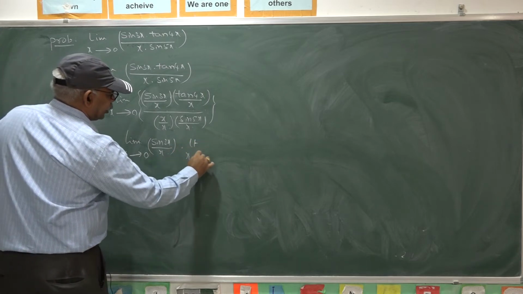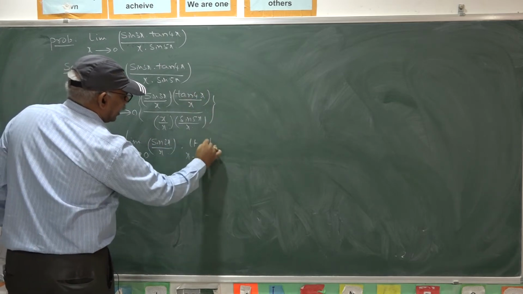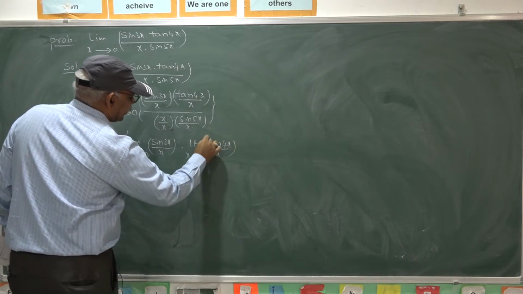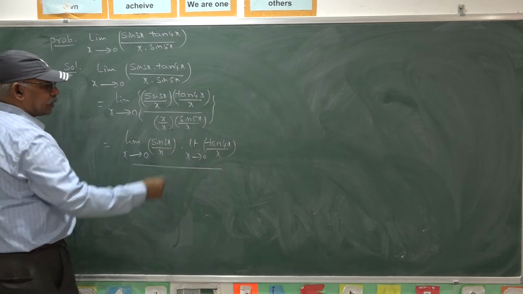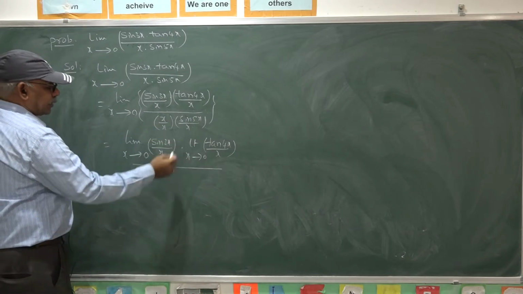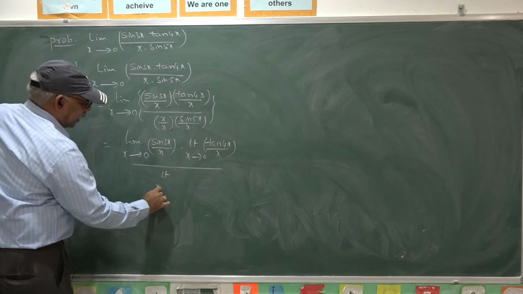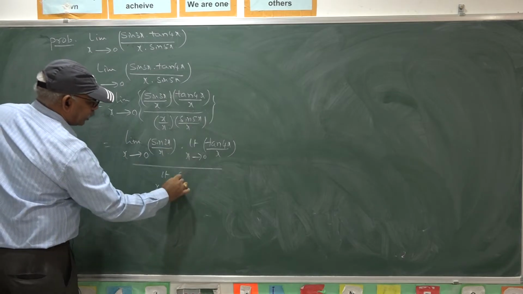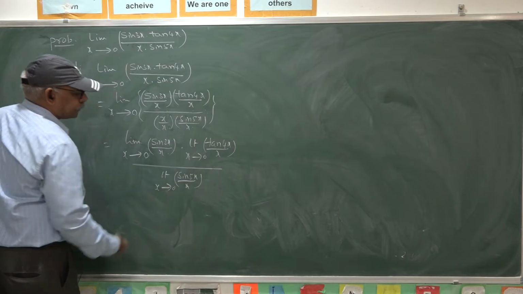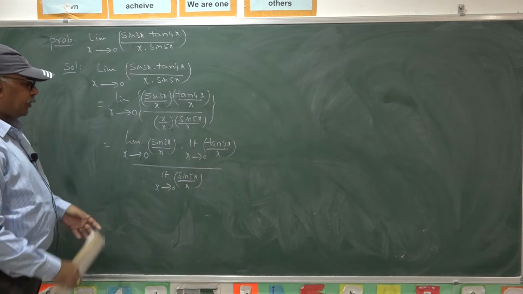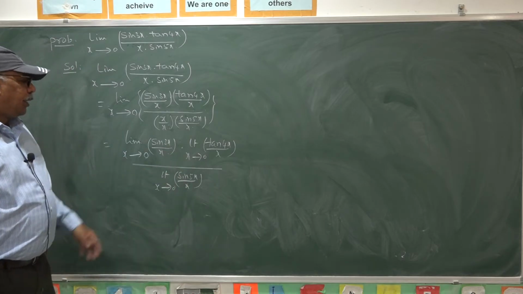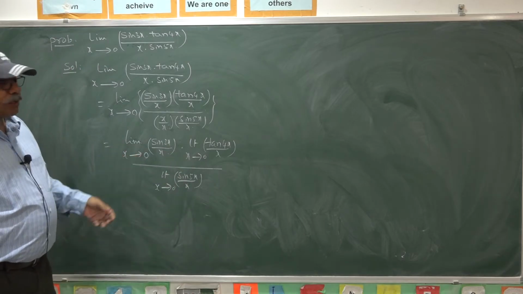Limit as x goes to 0, this is of the form tan ax by x, hence it also takes a finite value. x by x is clearly 1, and this also reduces to sin ax by x form. So each and every limit in the function exists and takes a finite value.